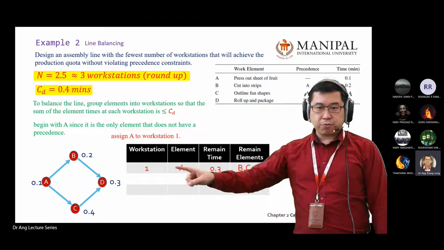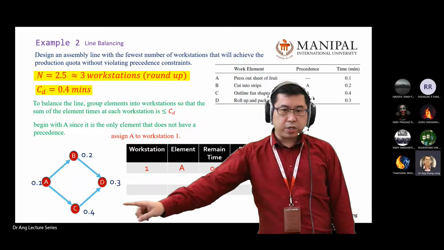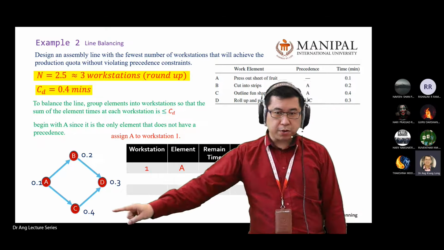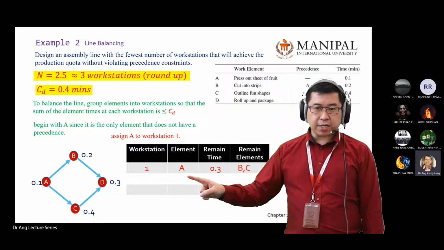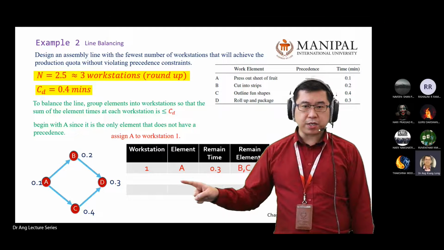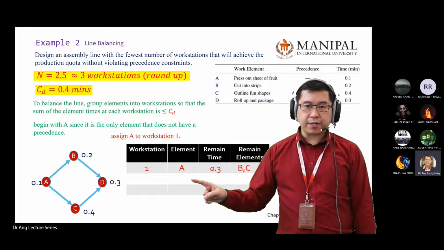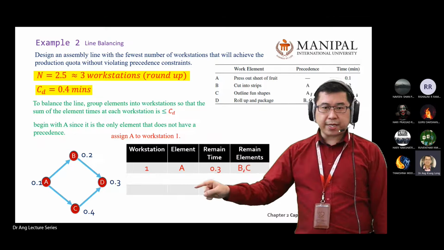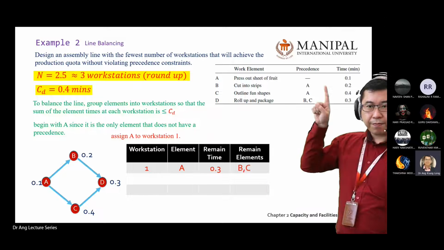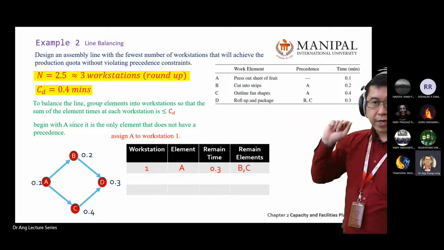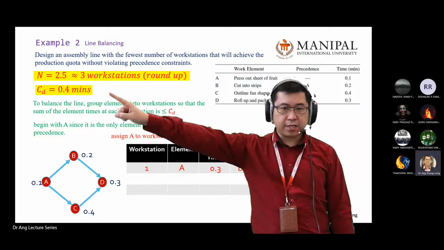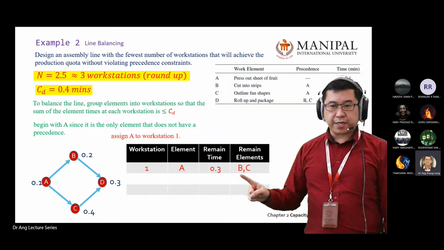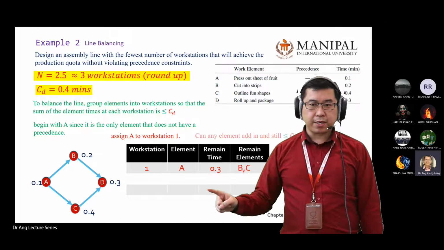So between B and C, if we put C, 0.4, the total time spent in the workstation, combining A and C, will be more than 0.4. Because if you combine A and C, it will be 0.1 plus 0.4, you get 0.5. More than 0.4 is not good. So you choose B.